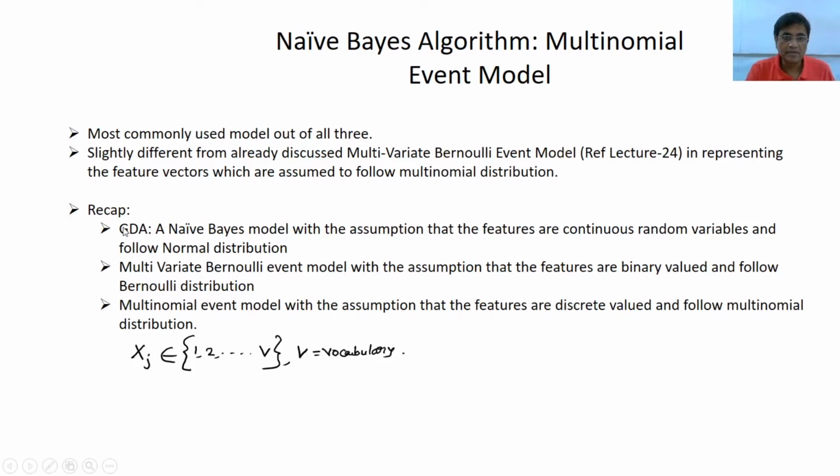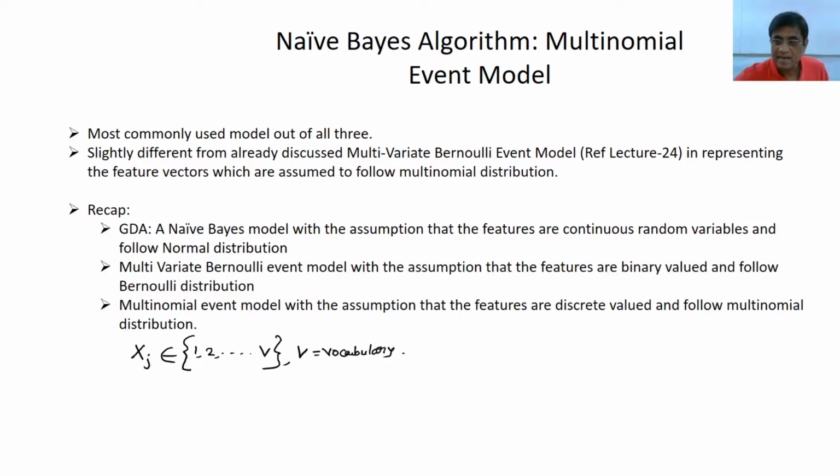Out of the three, GDA is already known to you. All three Naïve Bayes algorithms differ only in the representation or assumption of the features. In GDA, we assume that the features are random continuous variables and they follow a normal distribution.